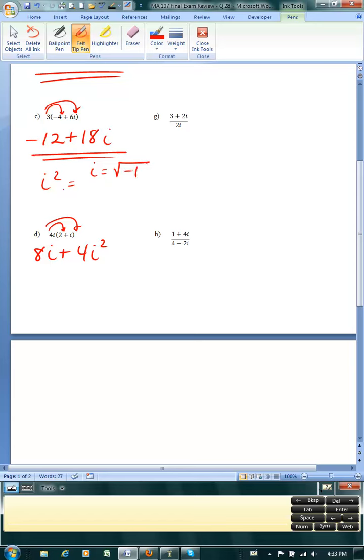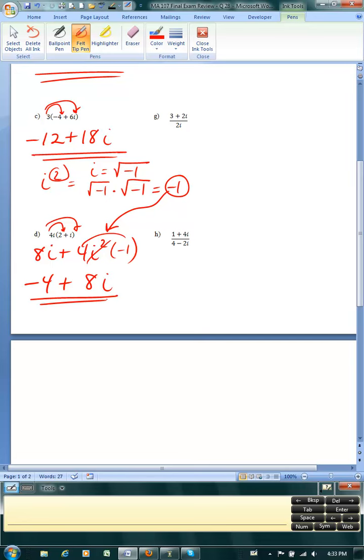So if I have two of these, the square root of negative 1 times the square root of negative 1 is negative 1. So anytime I see i squared, I need to change that to a negative 1. Multiplying those together, I get a negative 4, and I need to rearrange it to negative 4 plus 8i, because again, the real number has to be in front.